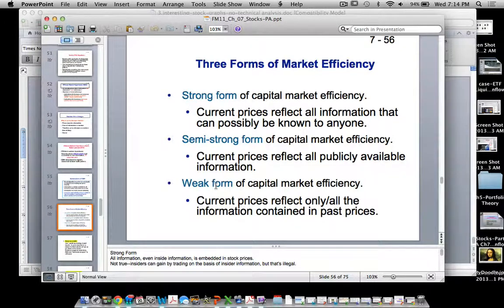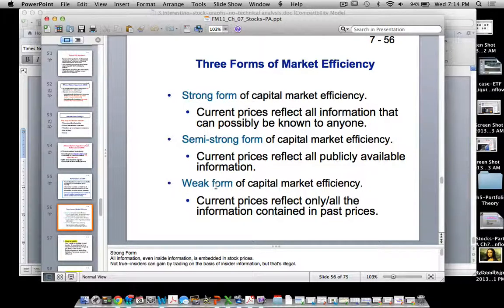Basically, weak form efficiency says that current prices reflect all the information contained in past prices. So if the Dow is at 15,900, it reflects all the information that's there when the Dow was at 12,000, or when it moved from 15,500 to 15,999 and then came back and all that.